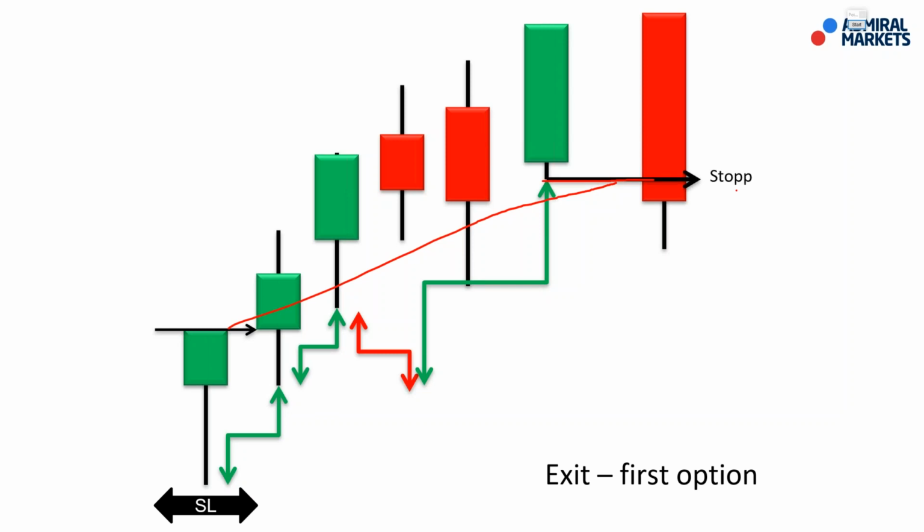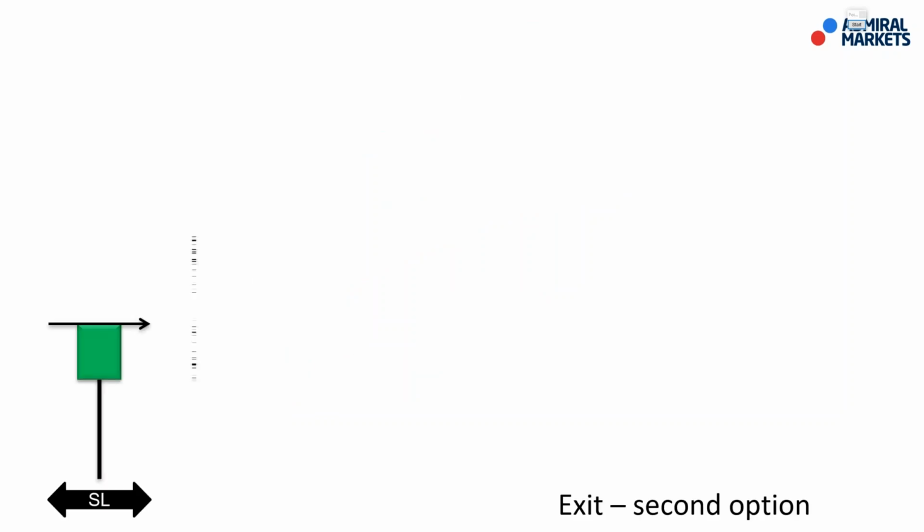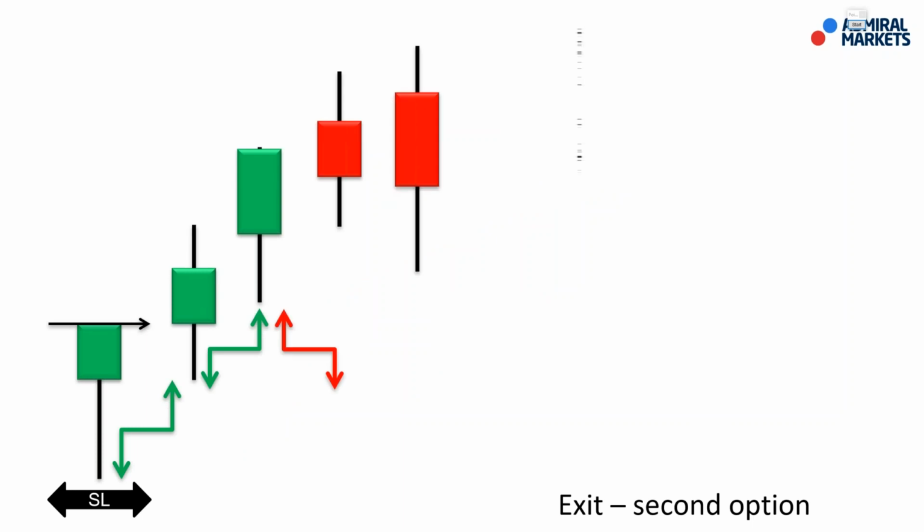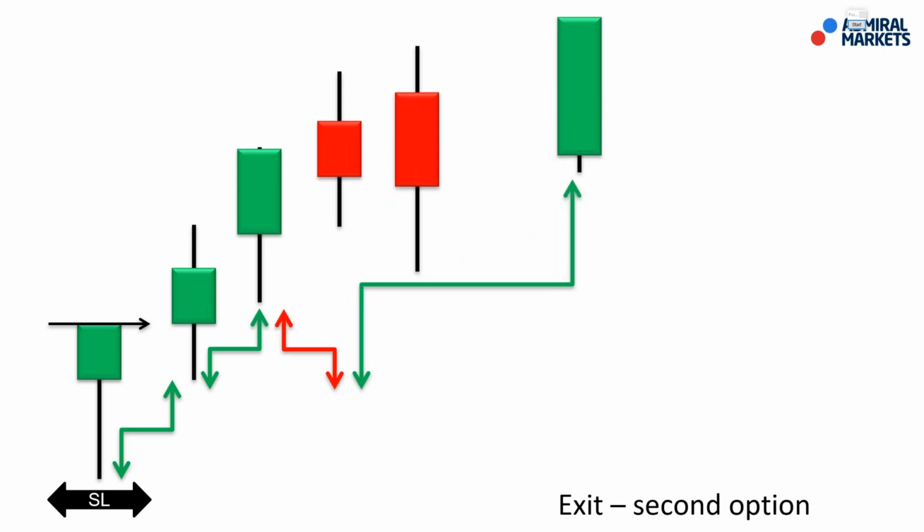The second option is this one. You can see we are following with the stop here. And now you have an inside bar. What do you have to do? Do you remember what you have to do in an inside bar? You have to pull back your stop to the former candle here.